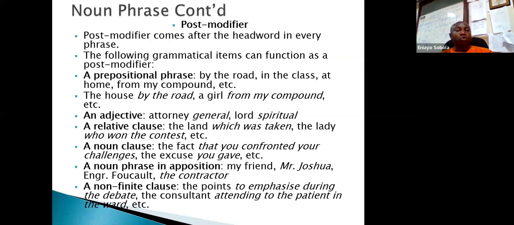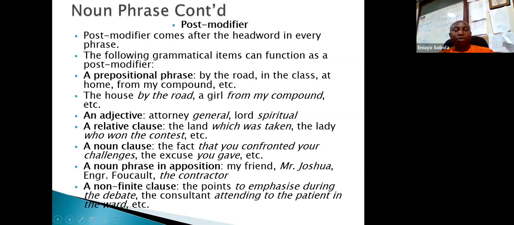And beside the noun clause, we also have a noun phrase in apposition. When we have something in apposition, both of them refer to a particular entity. So you see there, Engineer Foucault, the contractor. The contractor here stands in apposition to Engineer Foucault as an element that modifies it. And last is the non-finite clause.